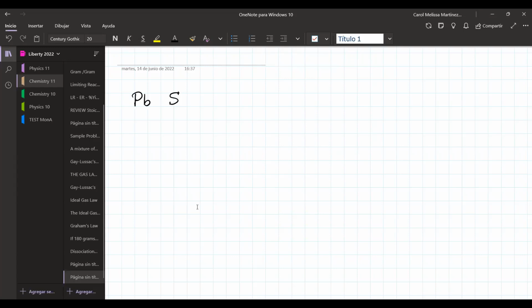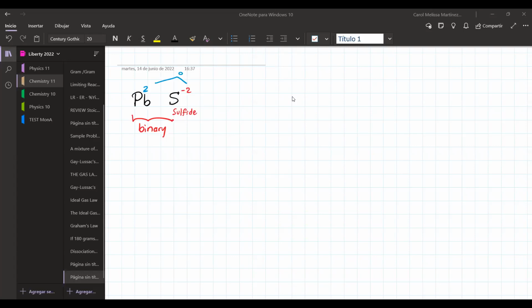Because this is a binary compound, this is never going to be just sulfur, okay? This is not going to be sulfur when it's ionic. It's always going to be sulfide. And the sulfide ion always has a charge of -2. Therefore, for it to be balanced, this one needs to be 2. In this way, you get the 0.